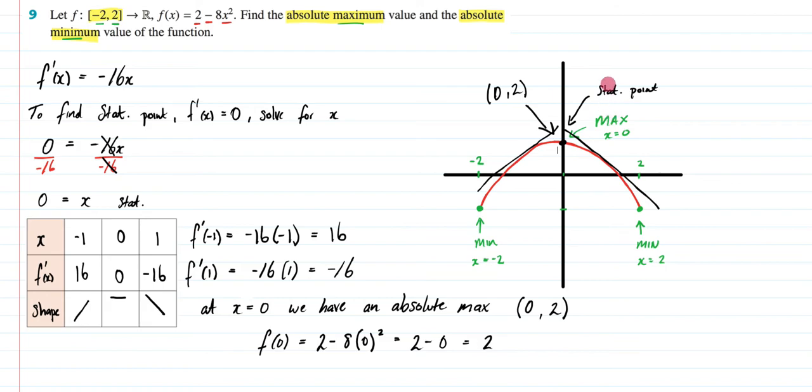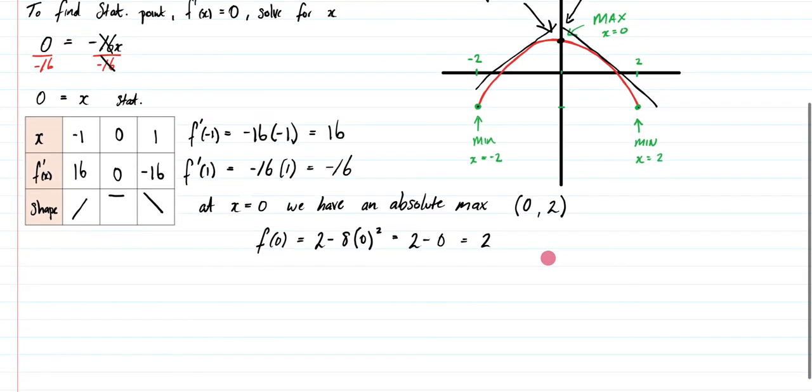Beautiful. Let's now go and find out what my minimum is going to be. When finding my minimum, it's just going to be here and here. I don't need to do any calculus to do that. I can immediately, after drawing my graph, say that at x equals -2 and 2, we have absolute minimums.